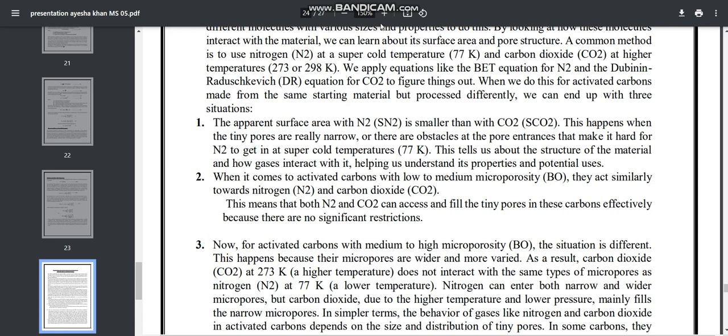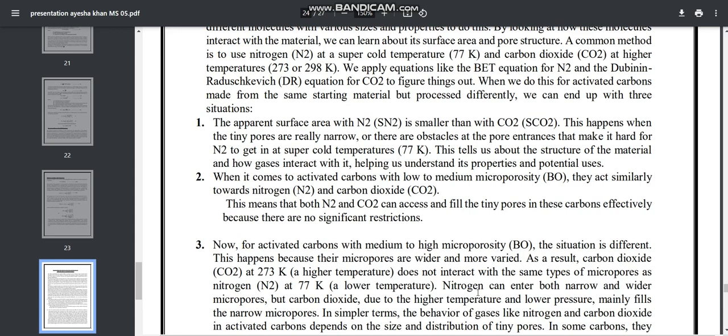The second one is activated carbon with low to medium microporosity burn-off, which behaves similarly for nitrogen and carbon dioxide. Both gases can efficiently access and fill the tiny pores, indicating no significant restriction in these carbons.